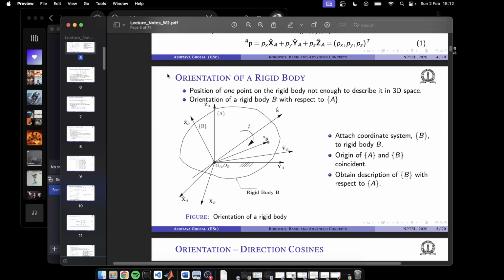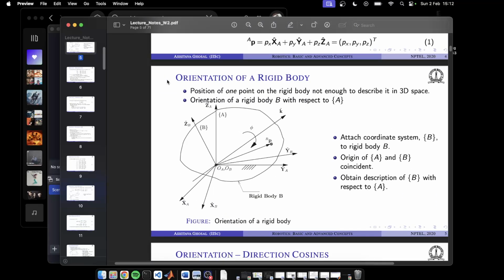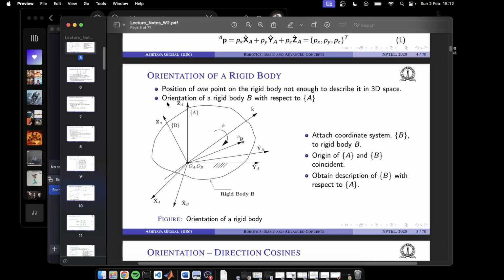So this is the diagram which I want to refer to, which has been discussed in the lectures. Basically, we have a rigid body B, and we have frames assigned to that body. One is frame A, which has the origin OA, right? And frames are denoted by this uppercase alphabet inside curly brackets.